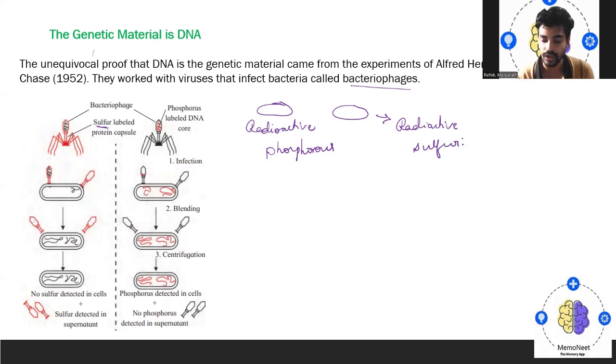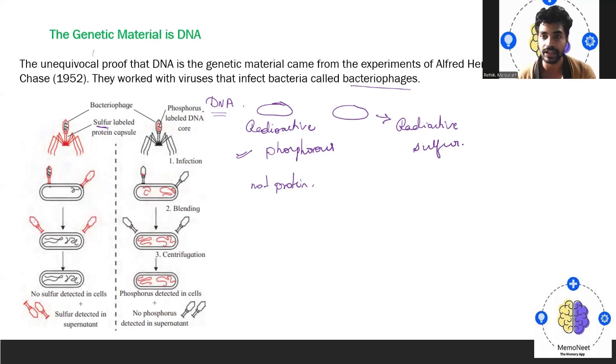The virus grown in the presence of radioactive phosphate contained radioactive DNA, but not radioactive protein. Why not protein? Because DNA contains phosphorus, but protein doesn't contain phosphorus.